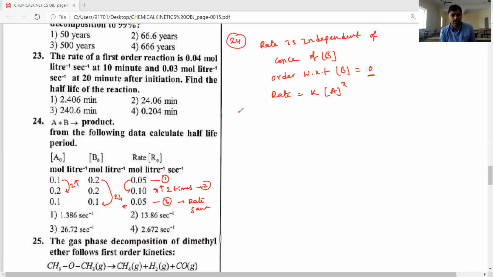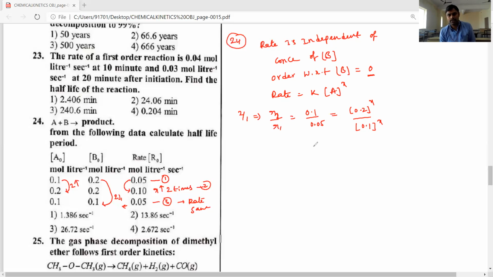You have to do equation 2 by 1, which is nothing but R2 by R1, which is equal to 0.1 by 0.05, equal to concentration of A, 0.2, whole power X, by the other concentration, 0.1, whole to the power of X.